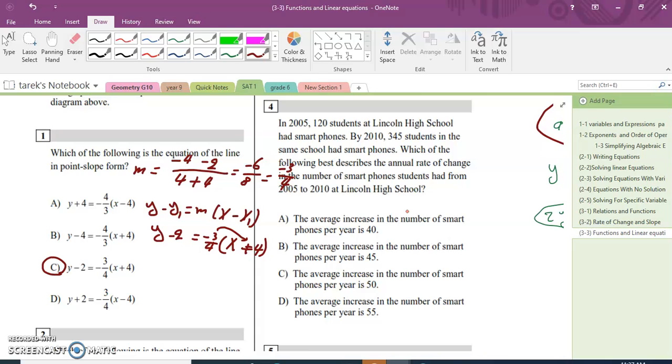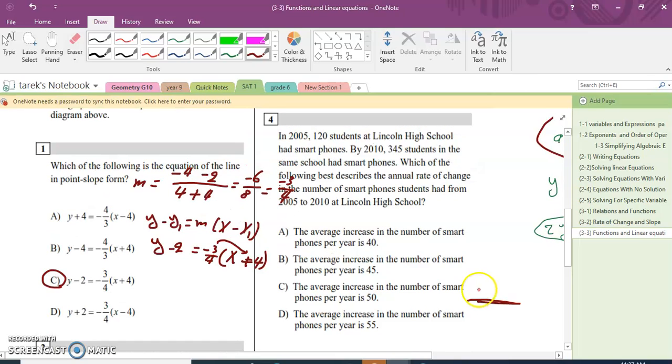The average rate of change means the slope, means the increase of the smartphones, means 345 minus 120. This is the increase of the number of phones over the years. How many years?